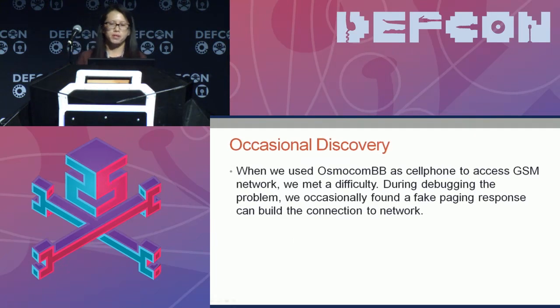At the beginning of this year, we were working on a project about the well-known GSM man-in-the-middle attack, and were debugging some modifications on OsmocomBB. This is a very famous project for the GSM protocol.